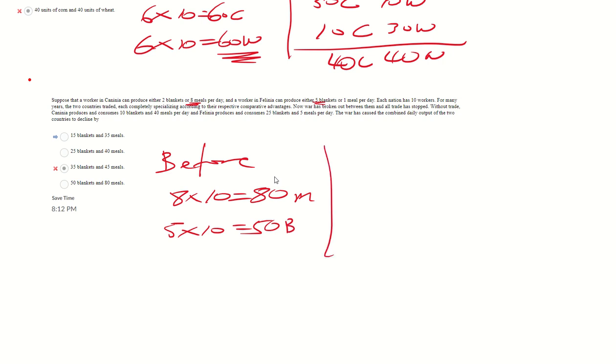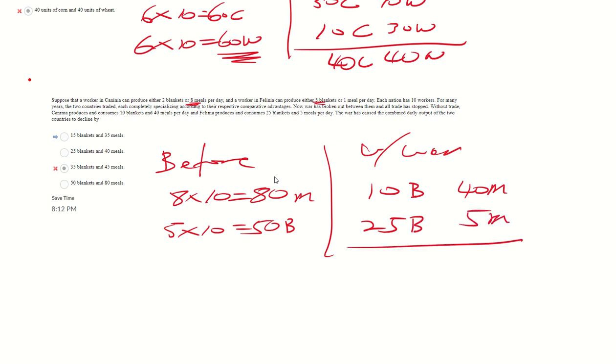Now, with the war going on, Canania has 10 blankets, 40 meals. Flaminia has 25 blankets, 5 meals.